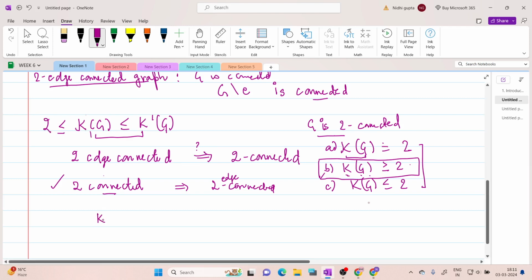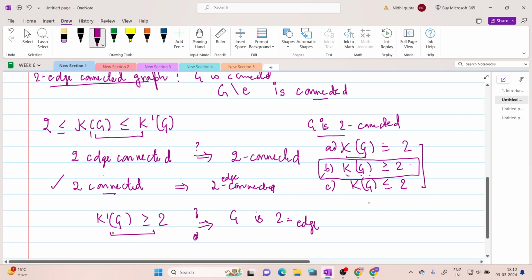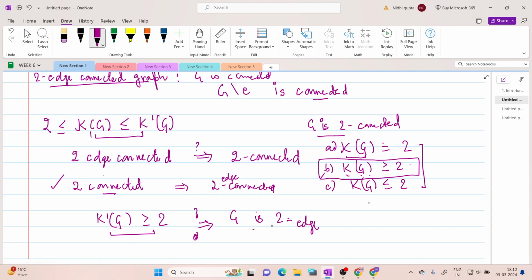Now if κ(G) is greater than or equal to 2, from this we get that κ'(G) is greater than or equal to 2. Now if edge connectivity is greater than or equal to 2, can we say that G is 2 edge connected? Yes.